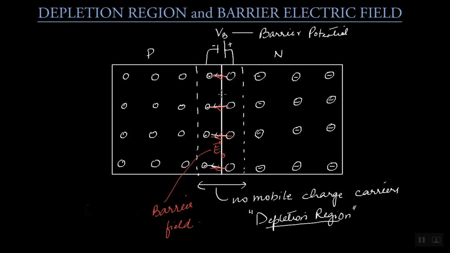And what else? The holes and the electrons create an electric field which is directed from the n side to the p side. This electric field is called the barrier electric field. Understand?